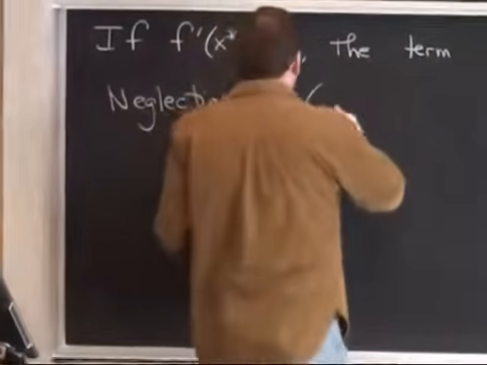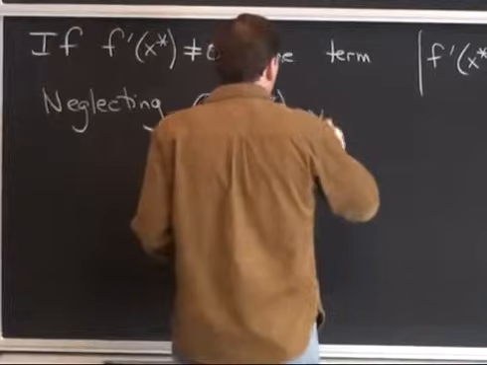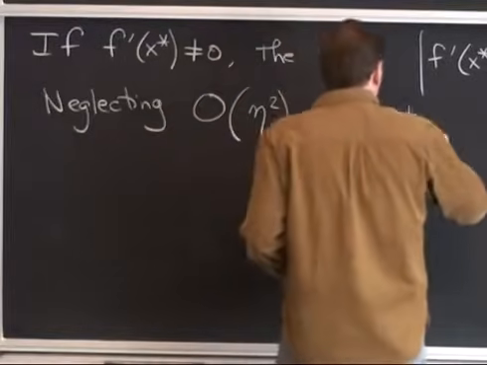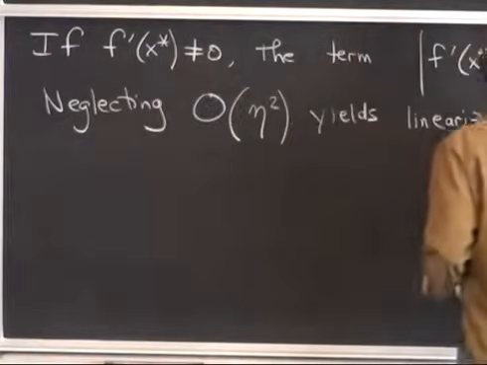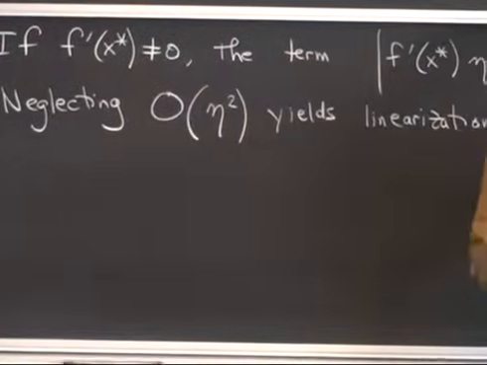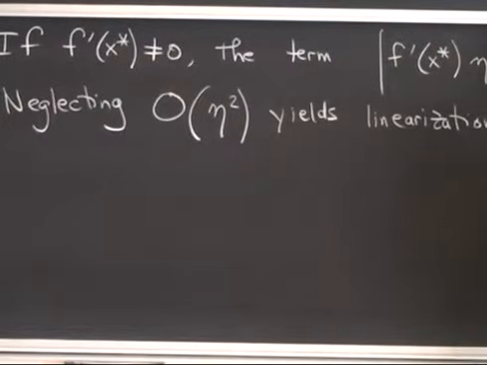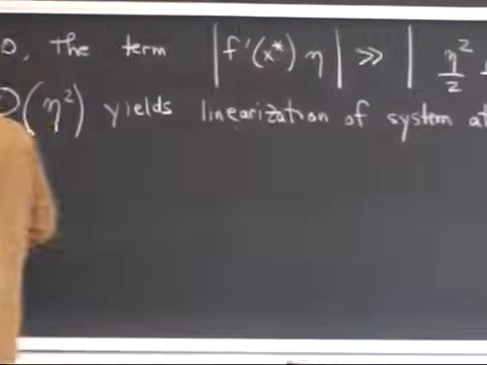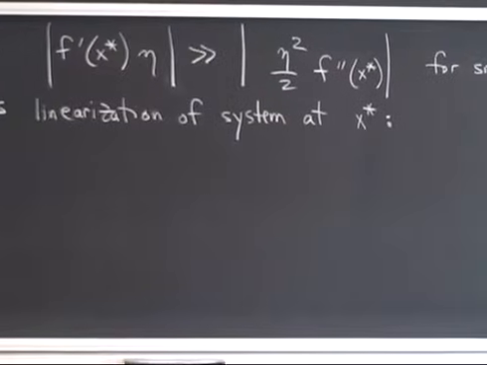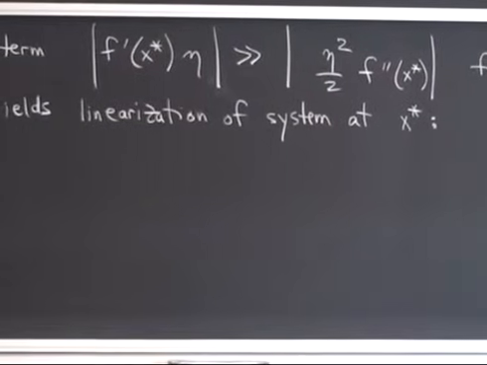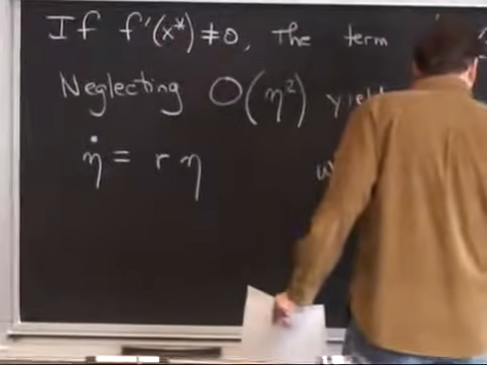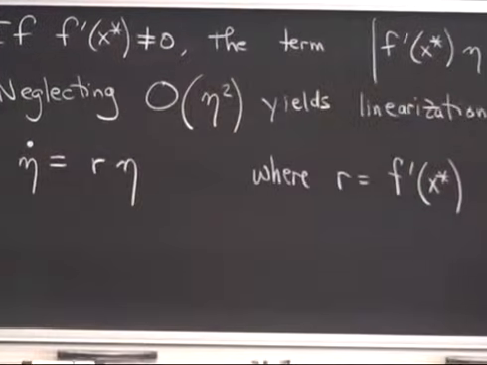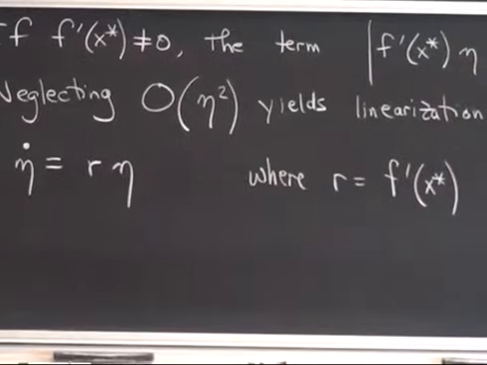And neglecting the terms that are of the order of eta squared yields the linearization of the system at the point x star, which is the system essentially that eta dot is a constant times eta, where this constant r is this number f prime at x star, the slope at that point that we've been talking about.